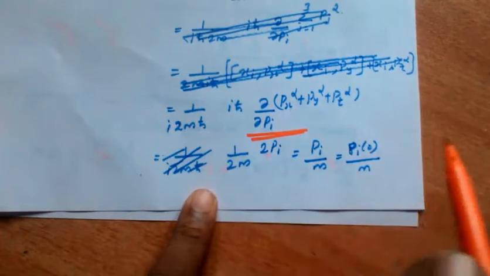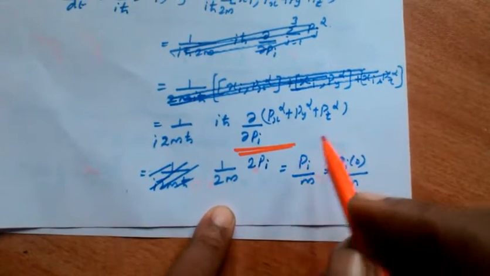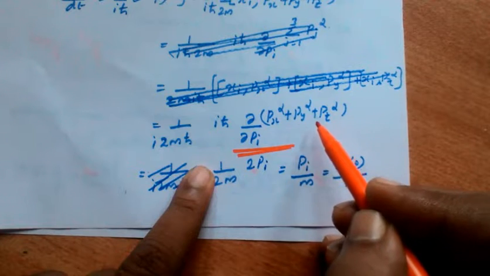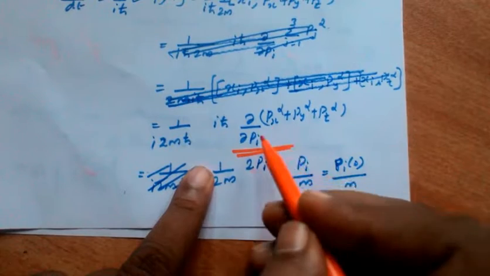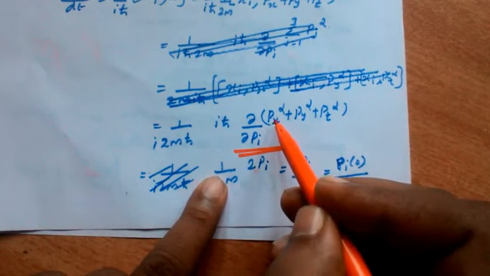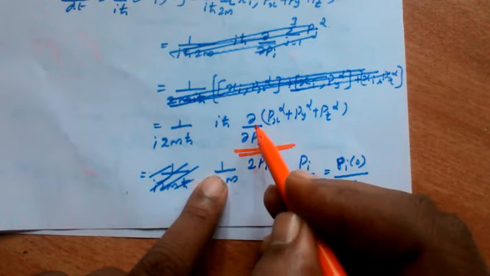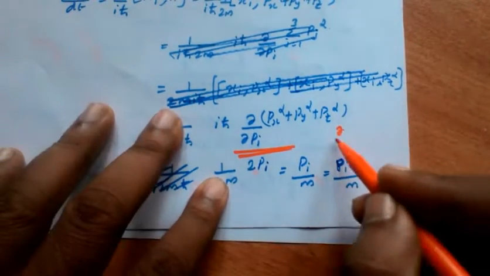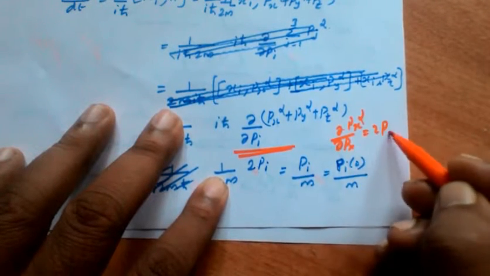This ih cross and ih cross will get cancelled. 1 over 2m into 2pi. If this is px, then for py and pz the derivative will be equal to 0, and only the px square derivative exists. That means if we differentiate dou over dou px of px square, we get 2px.